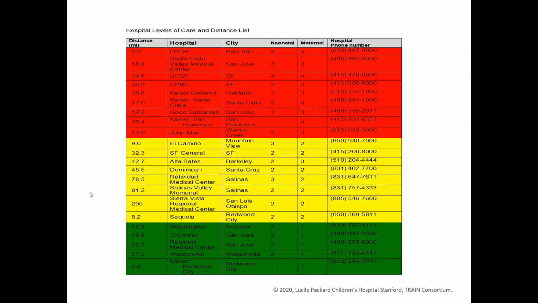So I'm hoping you can see on that slide that we start with LPCH, that's our hospital, and we are a maternity level 4, neonatal ICU level 4, and all the reds are either 3 or 4, maternity or NICU. And having this kind of chart ahead of time when you're in the middle of evacuating your unit is going to be very valuable. So that's all for OB, and I will turn it over to Christine.